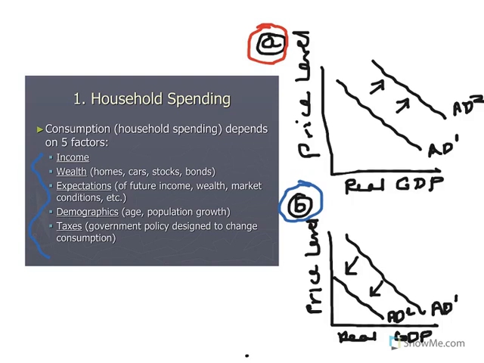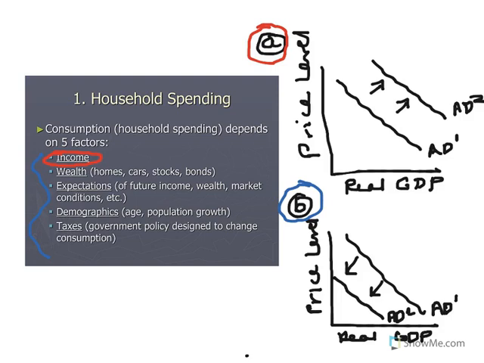The first one you'll notice we have listed is income. In other words, income is probably the most important factor related to our consumption expenditures. If income is increasing, then what that means is that households now have the ability to purchase more goods and services.